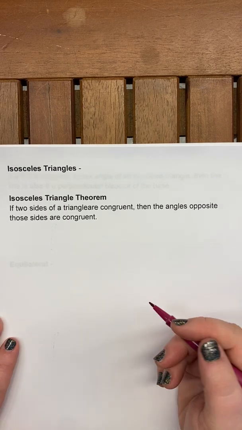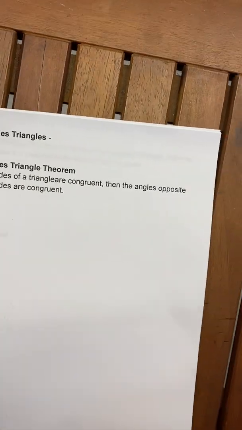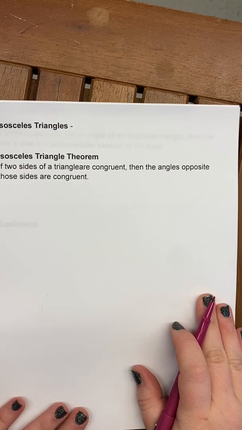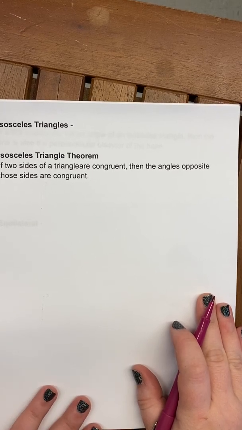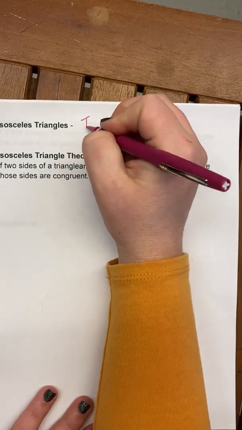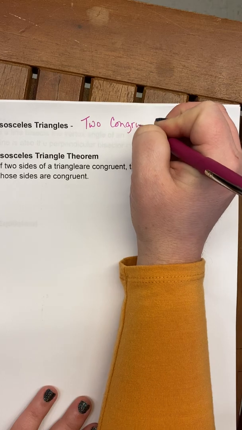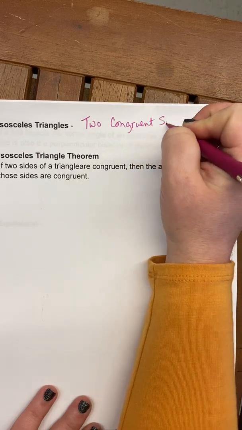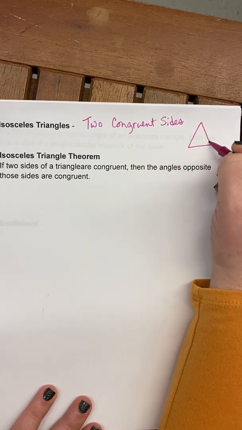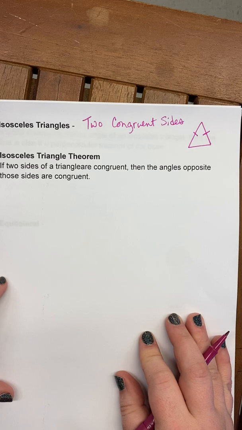The second set of lessons that we talked about was isosceles, equilateral, and right triangles. So an isosceles triangle, remember, has two congruent sides. So it would be a triangle like this that has two congruent sides.